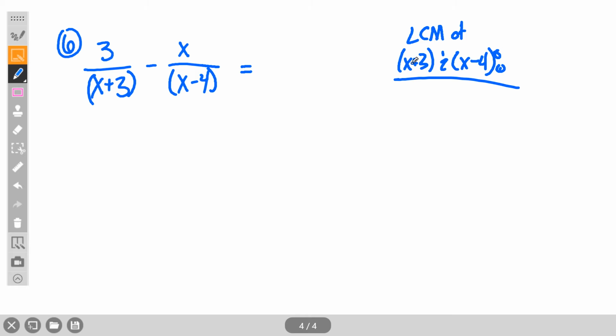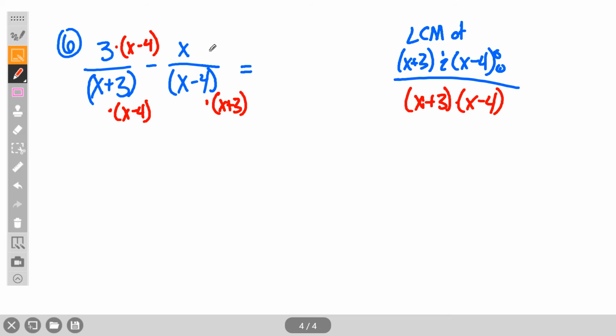Well, they don't have any factors in common. Factors that they don't have in common would be x plus 3 and x minus 4, so we're essentially just multiplying them by each other. For the first fraction to make the LCD, we multiply it by x minus 4, so the top and bottom get multiplied by x minus 4. For the second fraction, multiply it by x plus 3.